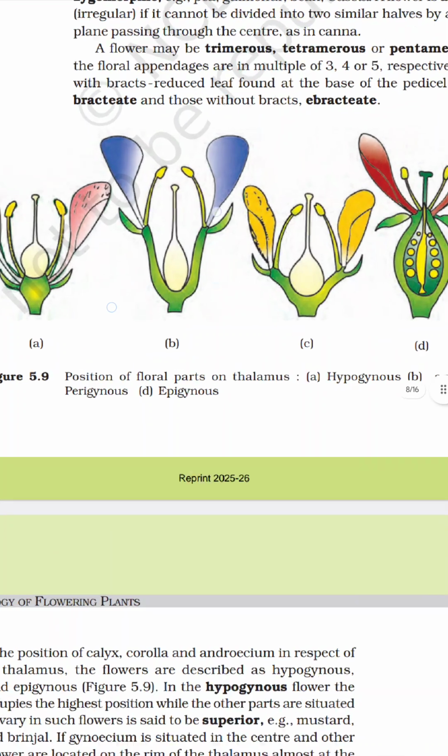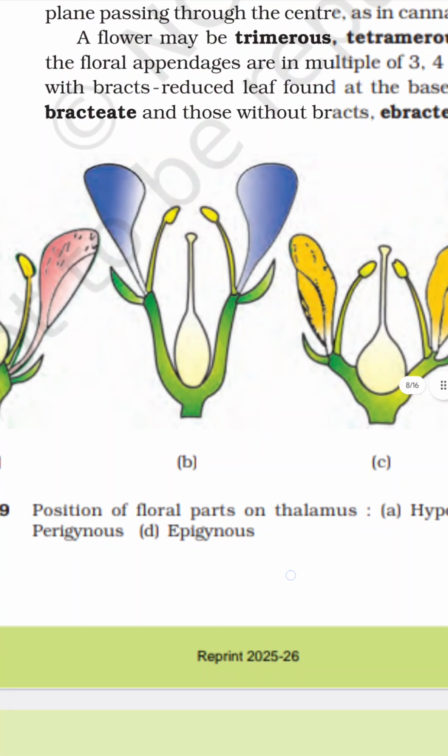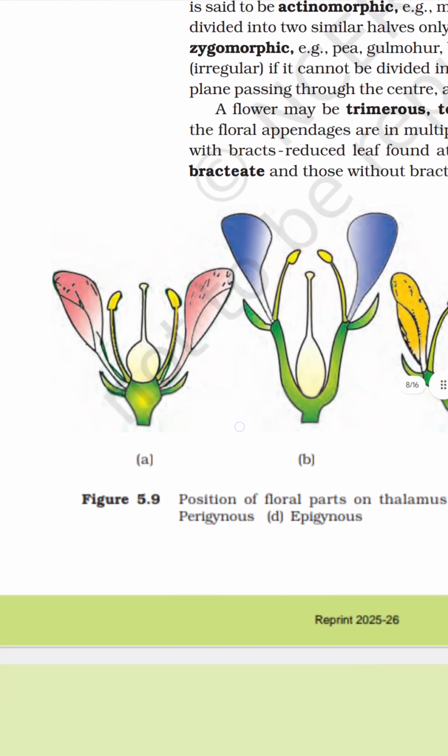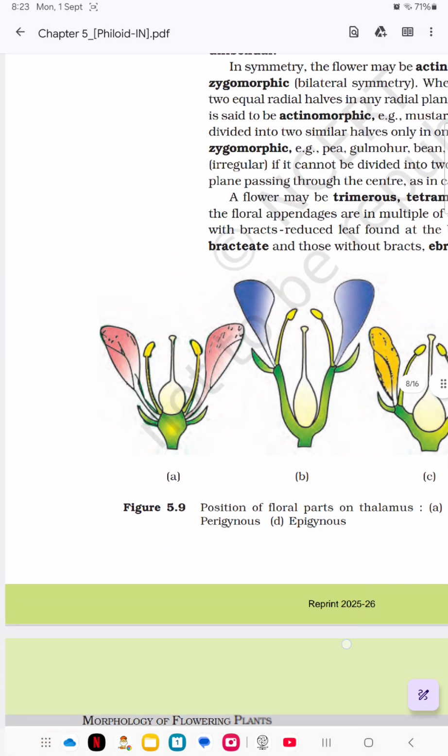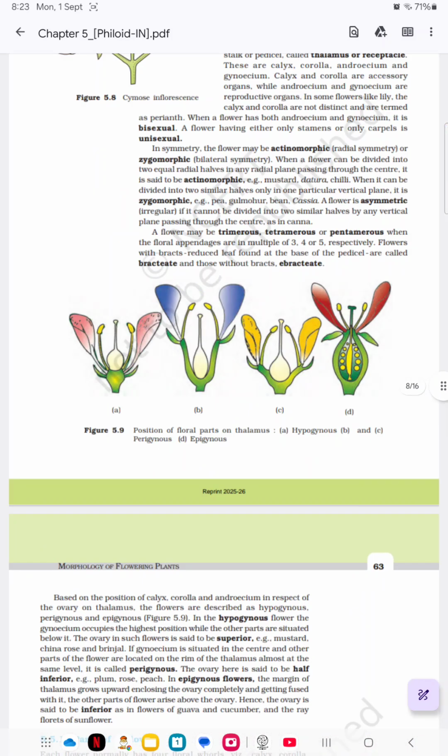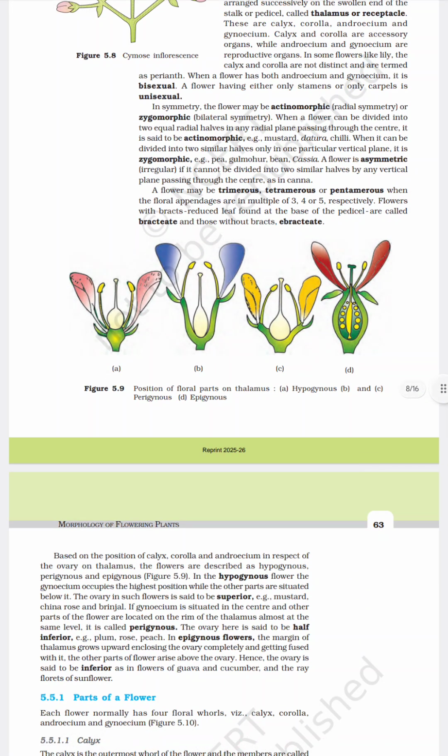See, in hypogynous, this is the gynoecium, the highest part, and the remaining parts are below. Here the ovary is superior. It is seen in mustard, China rose and brinjal.